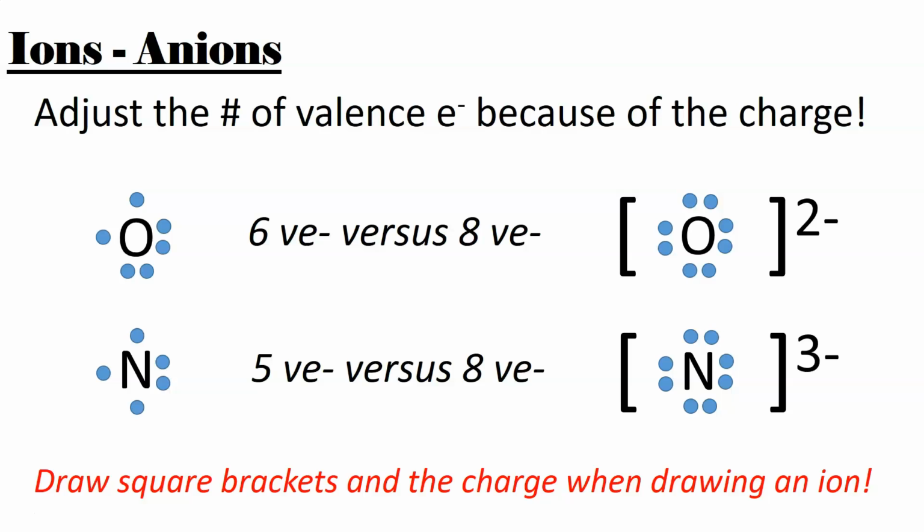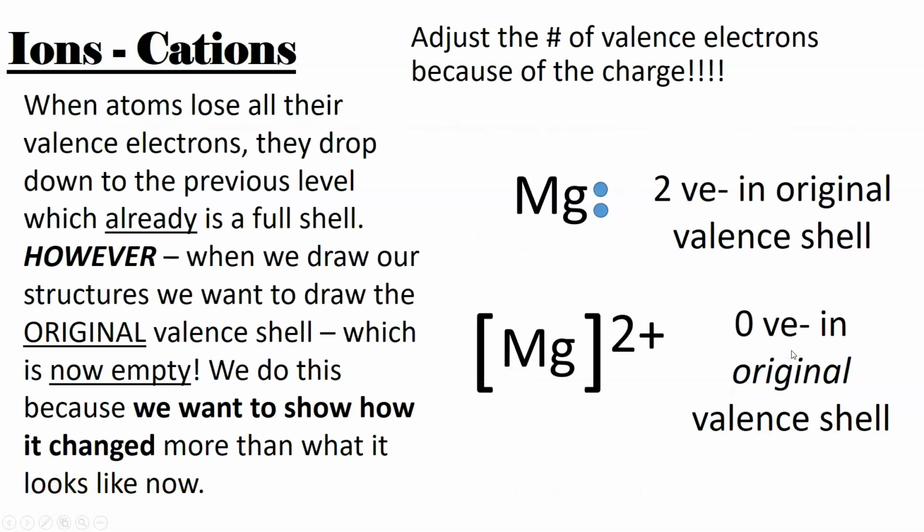Drawing cations is a little bit stranger because we have to think about what they looked like before, what they looked like after, and we have to think about how we're going to represent that when they've lost electrons. So, we still adjust the number of electrons because of the charge.